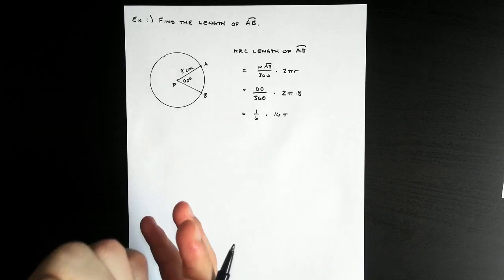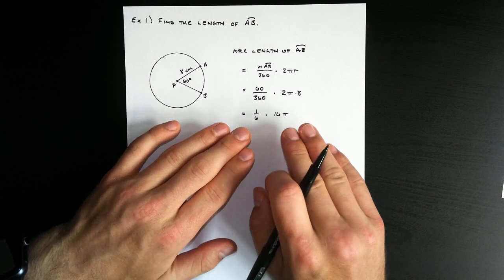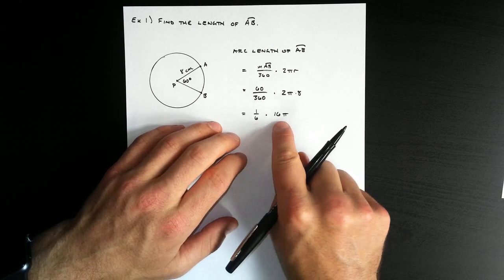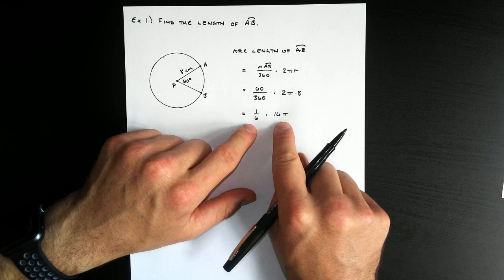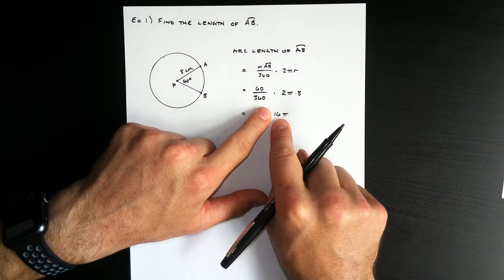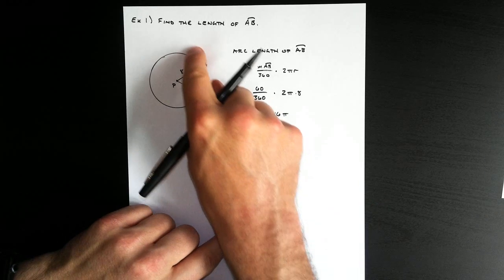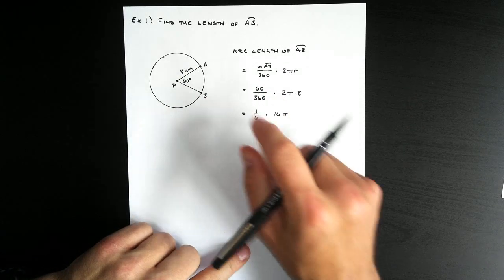So I have two different parts here. And I think the thing that makes this the easiest to understand is if we understand what each of these parts are talking about. So on the right, this 16 pi, this represents the entire circumference of the circle. So all the way around, that length.